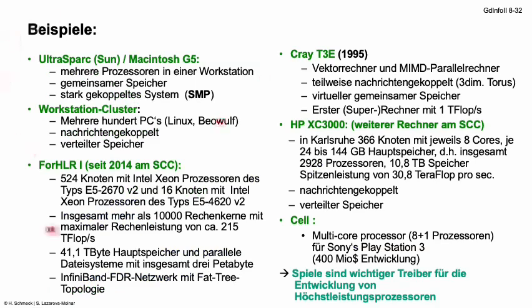Here we have some examples of multiprocessor systems that have been beasts at their time, but we are not going to go into detail because this development has moved on. You can see some of the descriptions, but the UltraSPARC Sun or Macintosh G5 was a beast at its time. It featured more processors in one workstation with shared memory, and it was a strongly coupled system.